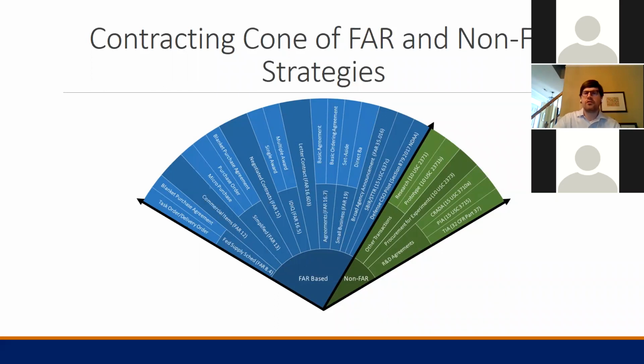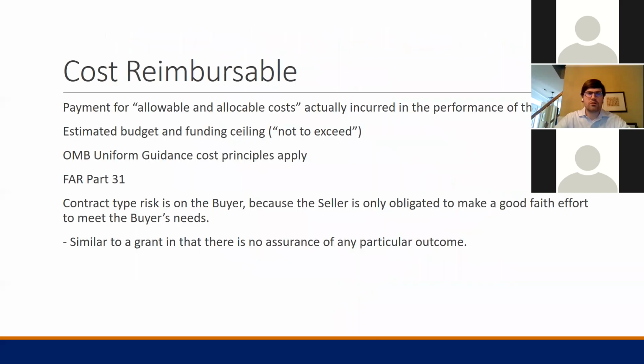So there's a lot of other vehicles out there that the government can use, and that we do see in university research. It's just not something that we're focusing on, and is more of a nuance within the university research spectrum.